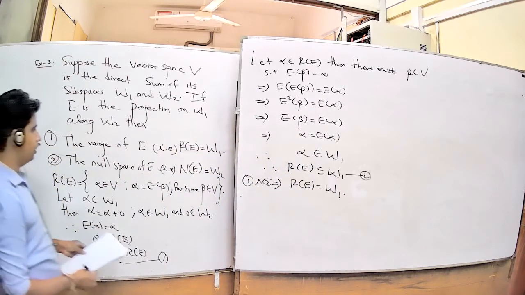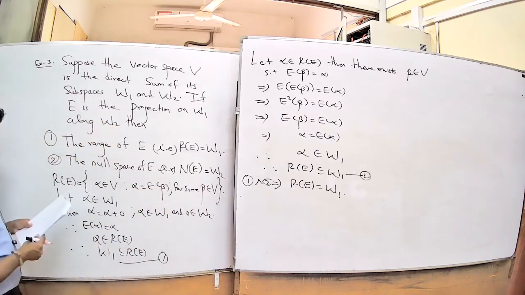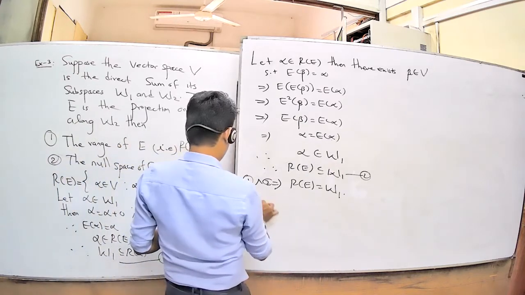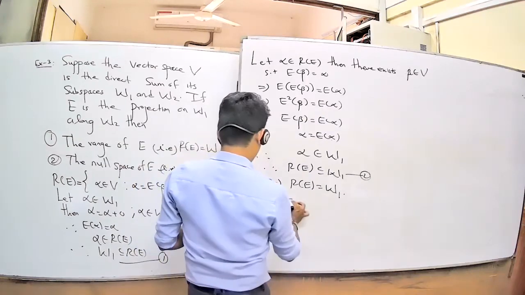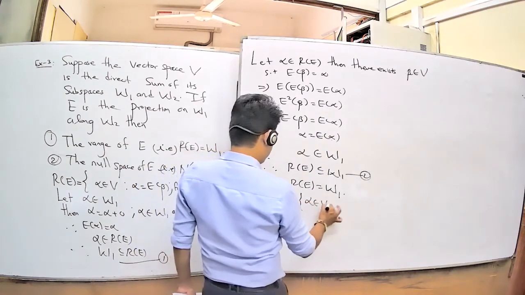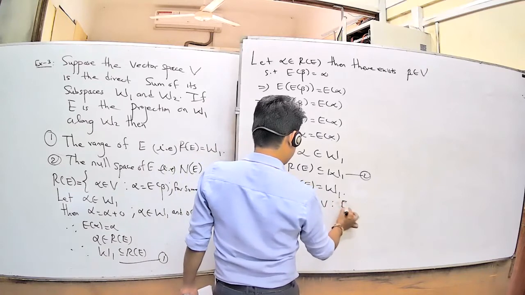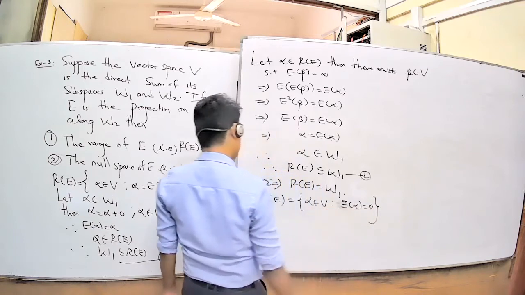Second part, you want to show that null of E equals W2. For that, N of E means alpha belongs to B with E^alpha equal to 0. It is your condition for W2.